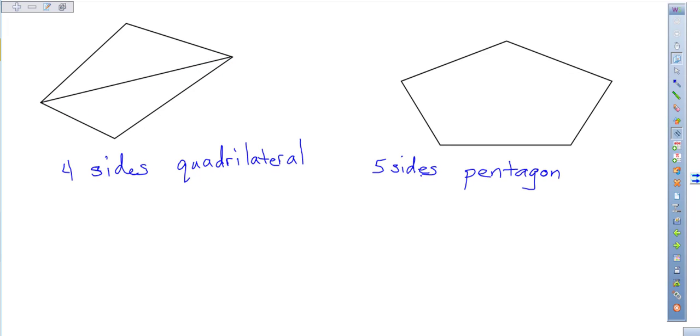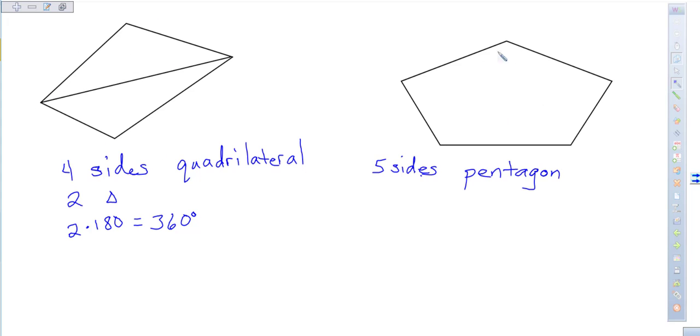So this one's going to give me 2 triangles, and 2 triangles would be 2 times 180, which is 360 degrees. So the angles of a 4-sided figure, a quadrilateral, should always equal 360 when you add them together. And that would go for any quadrilateral. It doesn't just have to be this one.